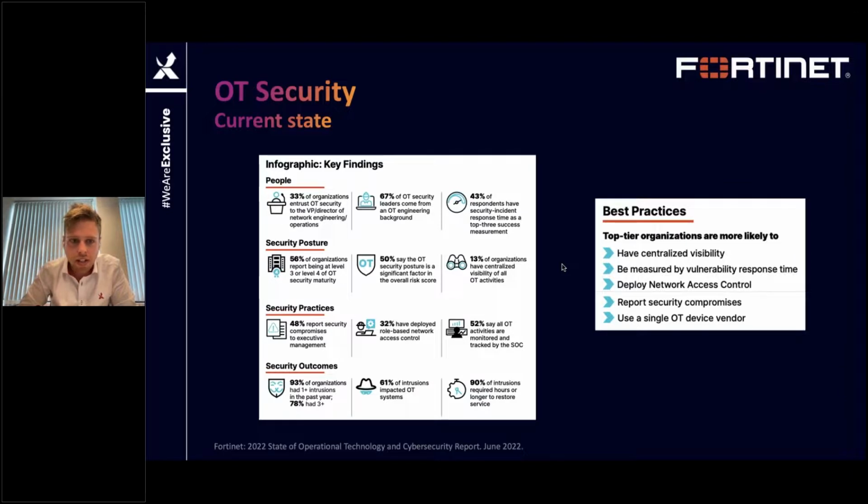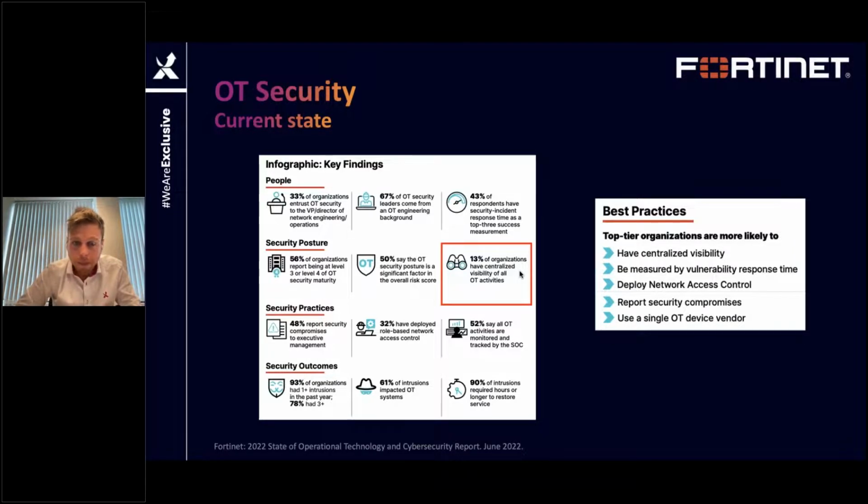This is a report from Fortinet with some key findings of the current state. What do I want to highlight about this? That security incident response time is key. So if something goes down on your factory floor, it's very important that it's solved right away, very quickly. Second one, 13%, only 13%, this is a report from June 2022, indicate that they have visibility of all OT activities. That's very low. You cannot secure what you do not know.